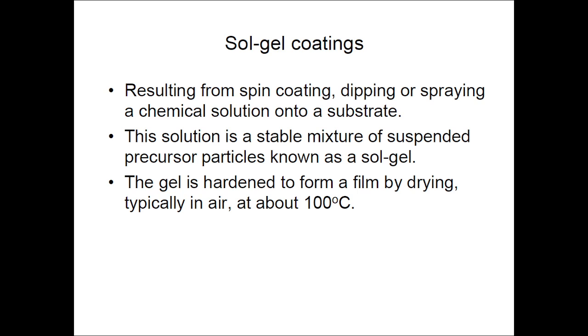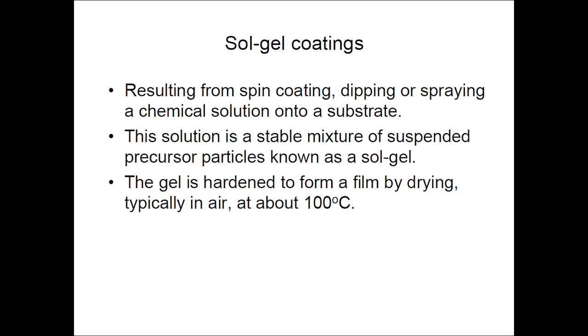And one of the simplest techniques, the simplest chemical synthesis method, is sol gel coating എന്ന് പറയുന്നത്. There we will be using a spin coating setup, or dipping or spraying a chemical solution onto a substrate. Okay, so we will be preparing a solution, and either using spin coating, or as I said, dip casting, or spraying, we can actually get the thin film on a substrate.